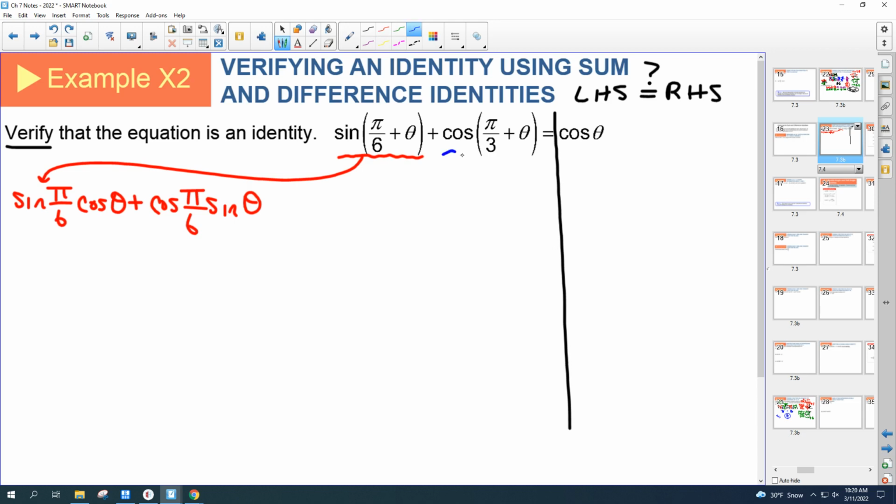Now, I've also got this. So that one to me looks like the cosine plus pattern. So go find the cosine plus pattern. The cosine plus pattern is cosine cosine minus sine sine.